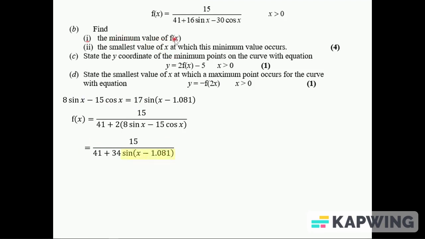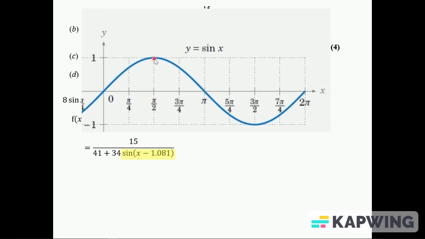And if I want to minimize f of x, I need to maximize that part, the sine. The sine graph goes up to 1 and down to minus 1. So the most the sine of anything can be is 1. So the minimum value of this is when the sin of x minus 1.081 is equal to 1. So the minimum value is 15 over 34 plus 5, which is a fifth.